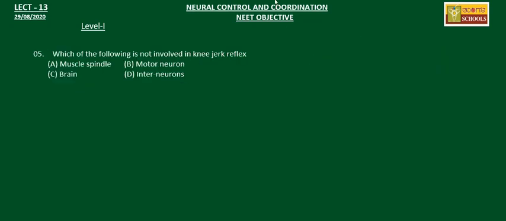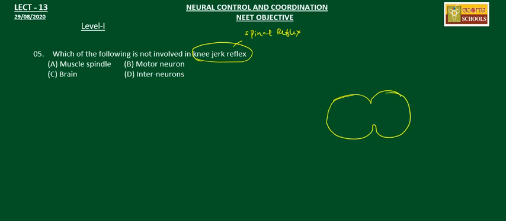So the next question: which of the following is not involved in a knee jerk reflex? Let's see, this knee jerk reflex is an example of a spinal reflex. So let's see the transverse section of the spinal cord.